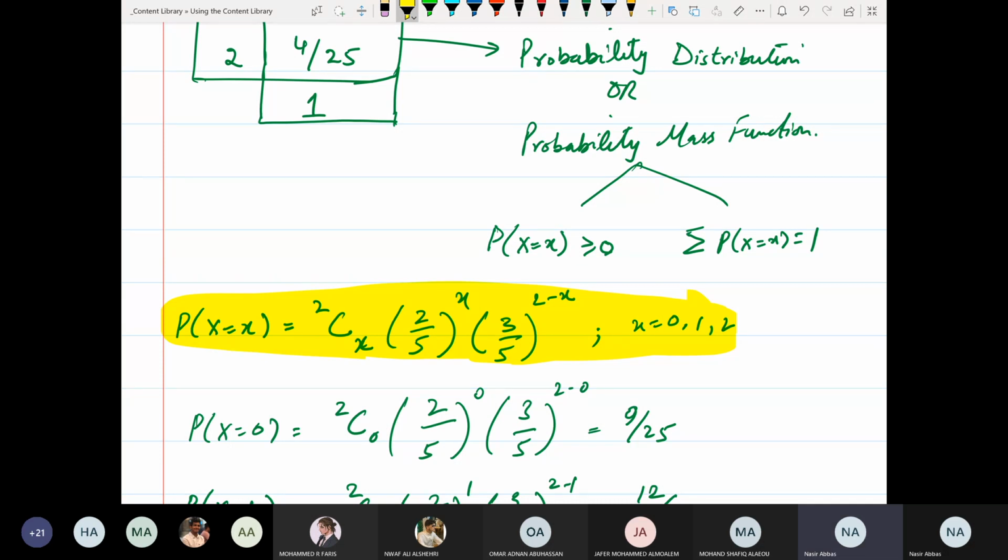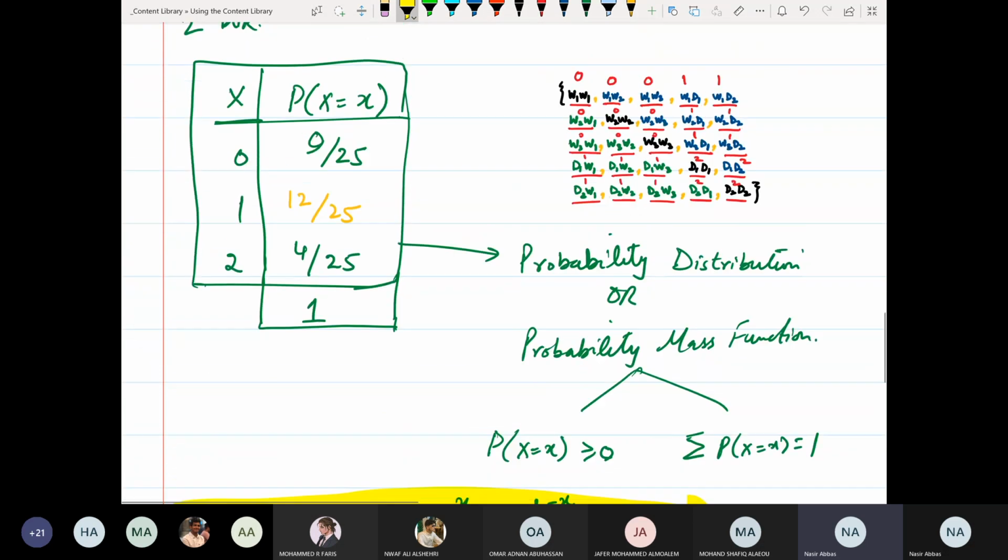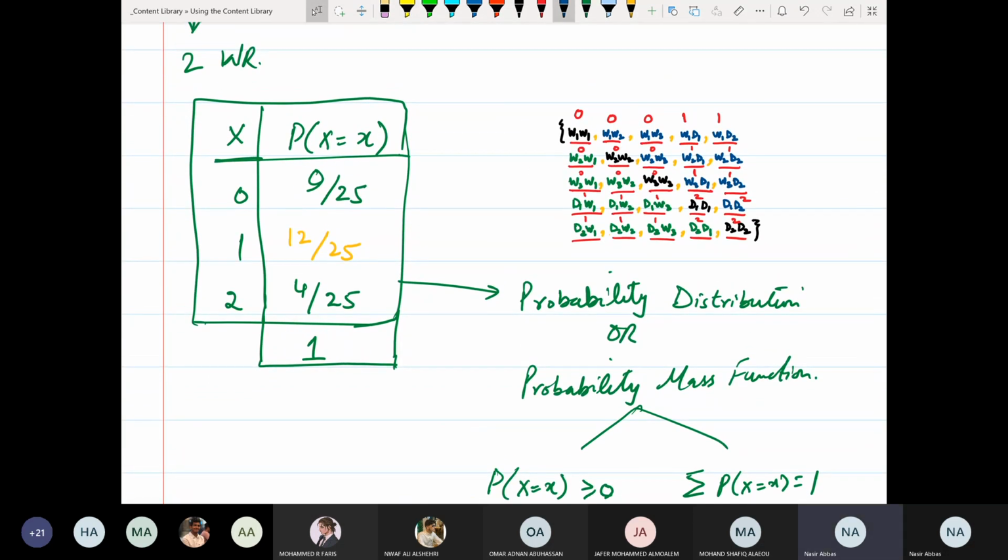This function, that is 2 combination x multiplied by 2 over 5 to the power x multiplied by 3 over 5 to the power 2 minus x. The only thing that is unknown in this function is x. So you plug in the values of x, you get the probabilities. That means the probabilities are functions of x.